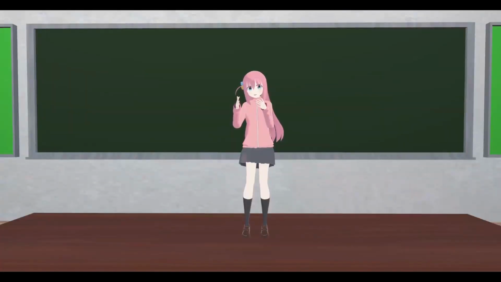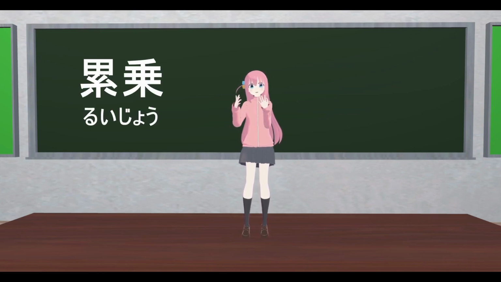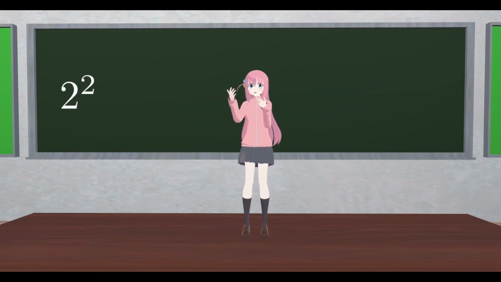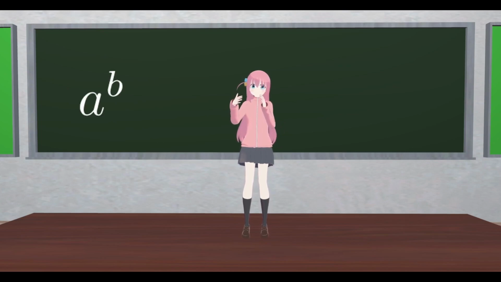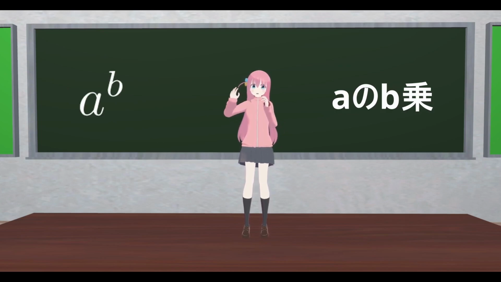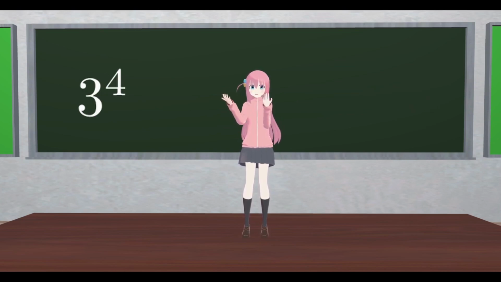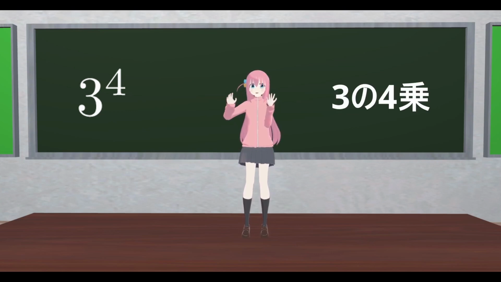So next up, I want to talk about exponentiation, which in Japanese is るいじょう. So stuff like 2 squared, 3 to the 4th, stuff like that. So a to the b would be read as aのb乗, where you just put numbers for a and b. So 3 to the 4th, for example, which I said earlier, is 3の4乗.